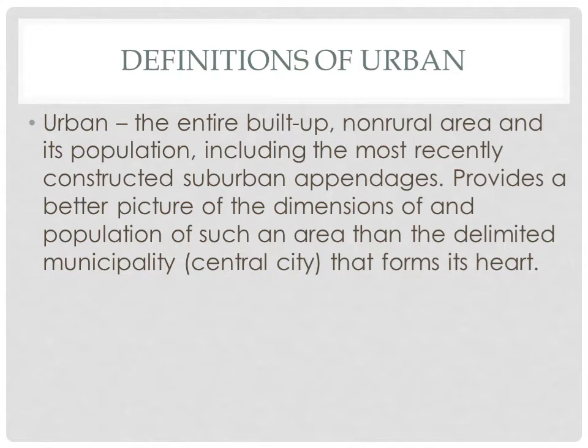Not as much, because we can see it in our mind's eye. Now, there is a very formal area that is Las Vegas, but it doesn't necessarily match up with all of the built-up non-rural areas and all the suburban appendages that go with that. And so that's why defining this can be very challenging. And so we have to be aware that there are at times conflicting definitions and be ready to confront that.